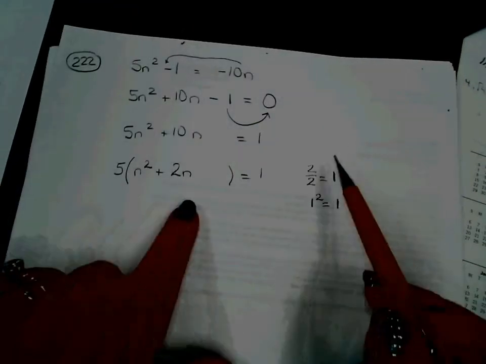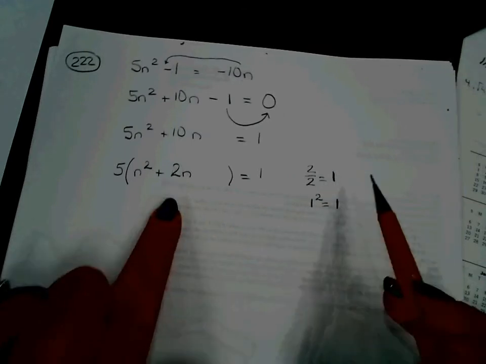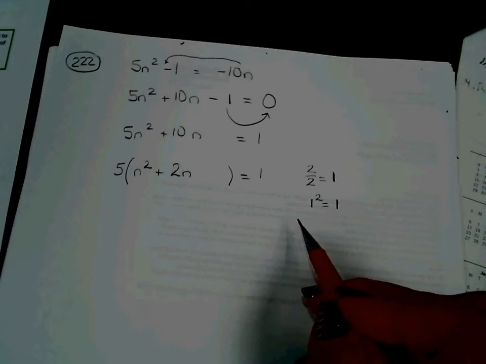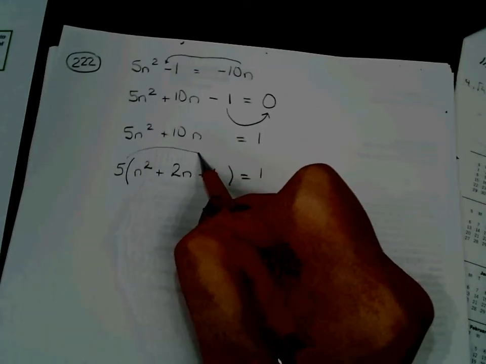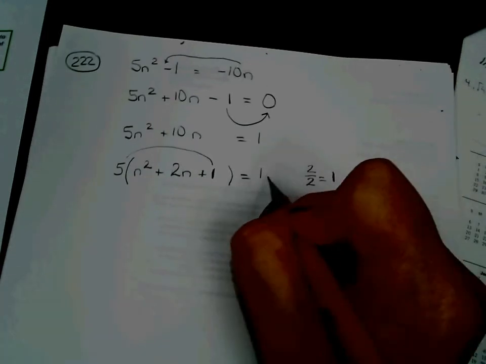We took half of the 2, which was 1, and we squared it and we got 1. It says, if I'm looking on my flowchart, put that number inside the parentheses. So right here I put plus 1. Then it says multiply it by the number in front. 1 times 5 is 5. And it says add that to the other side.